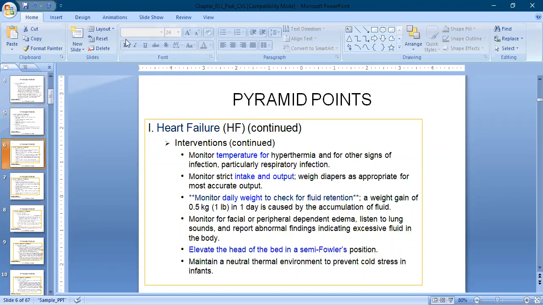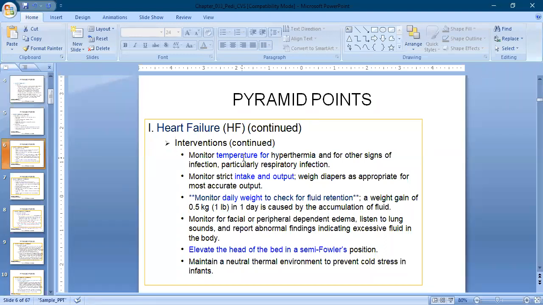I told you all of this information because we are RNs, we should know it, right? In this PowerPoint, I put in some different colors. These are the keywords we should know. If my patient has a congenital heart problem, we have to monitor vital signs like temperature, respiratory rate, blood pressure, and pulse rate. We also monitor strict input and output for kidney function.